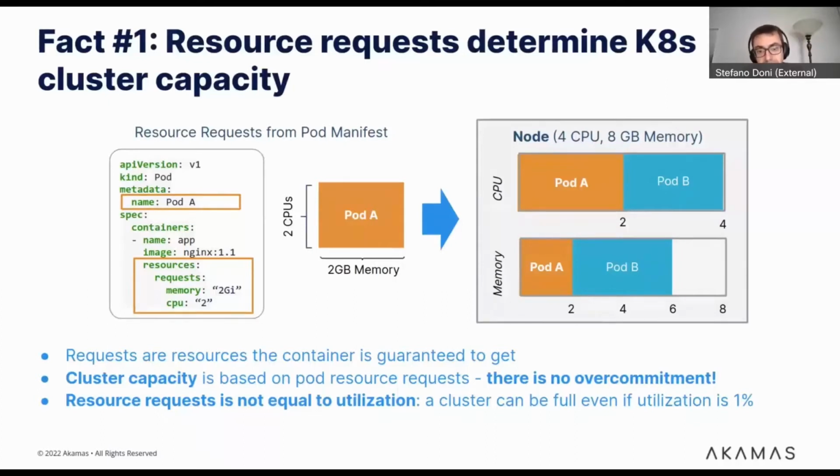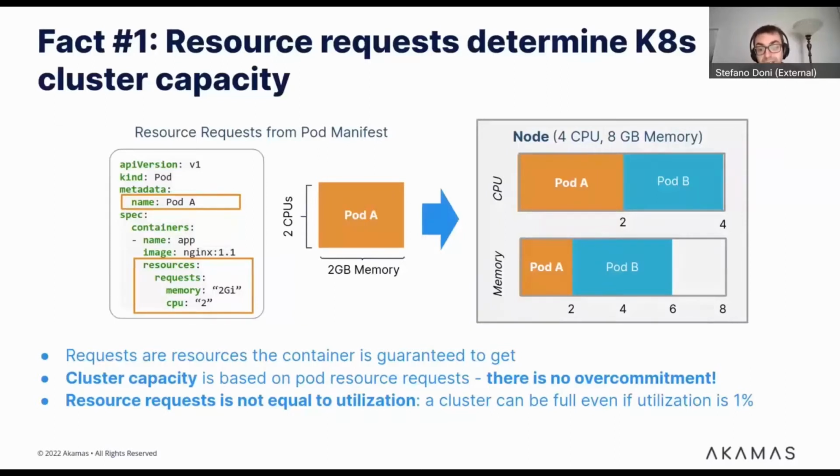The other consequence of this fact is that Kubernetes capacity management is basically done via resource requests, so via a kind of allocation mechanism. Resource requests are the amount of resources that a pod allocates, or requires, and it's totally unrelated to the amount of resources that the application actually uses at runtime.